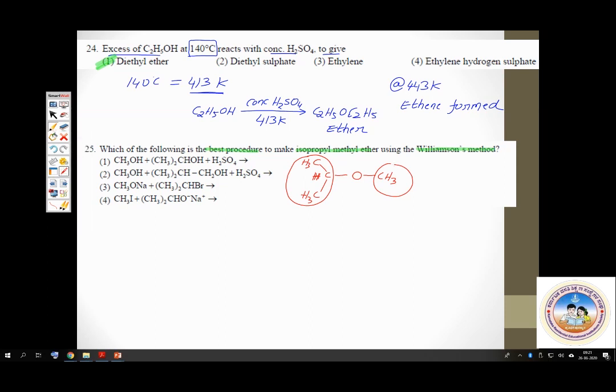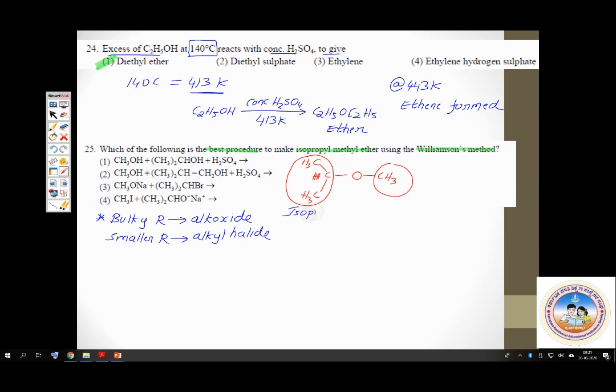So between isopropyl and methyl, which is bulky, let's verify. This is isopropyl, and this is methyl. All of you can easily make out isopropyl is bulky and methyl is the smaller group. Now let's apply the rule. The bulky group, isopropyl, must become the alkoxide.